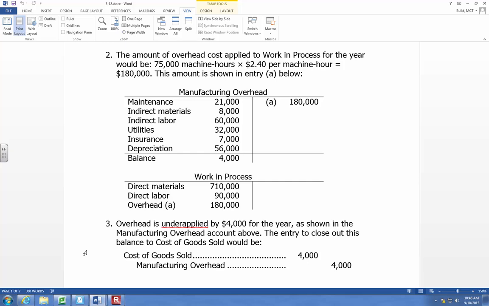If you did not get the right answer in number 1, and you've got some other number like 106,000 that you put here and here and got the wrong balance here, you get the 3 points. You're taking a wrong number and applying it correctly. So +3, because you lost 3 points on the first part. And lastly, on the journal entry, you have to use the word under applied to get +1.